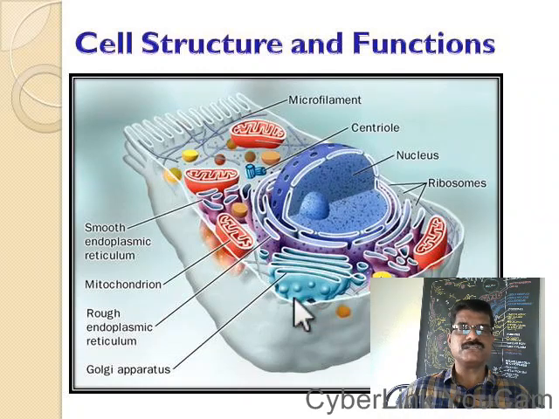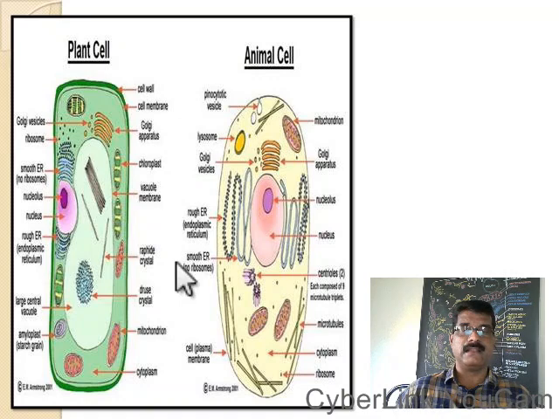Cell is very small, that can be seen only with a powerful microscope, so that you can see all the components, the nucleus, the cellular organelles which are present inside the cell. See the cell.